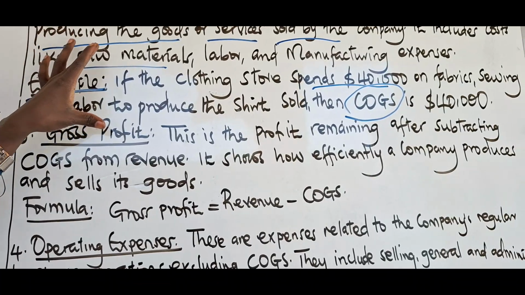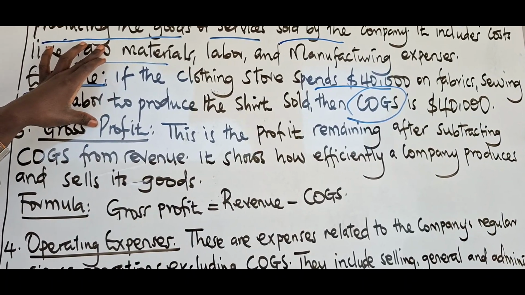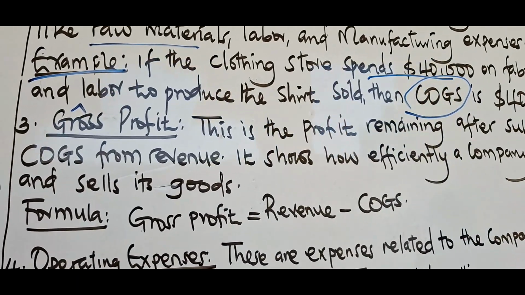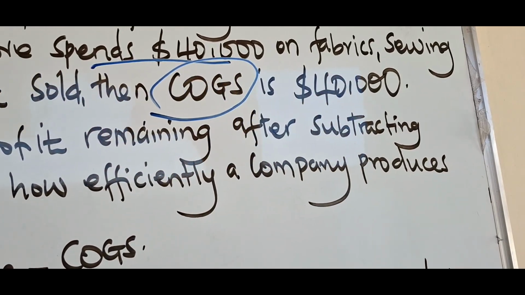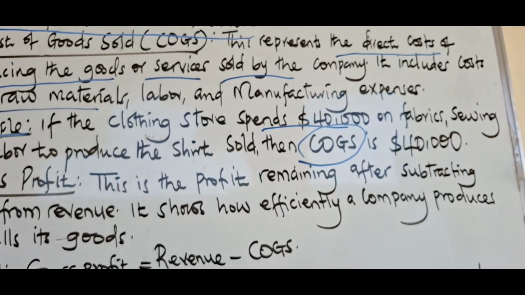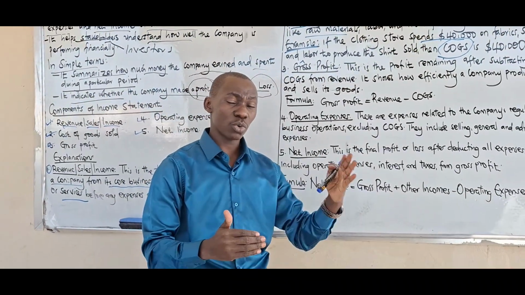Here, cost of goods sold may include things like purchases, and I talked about purchases in the previous videos. It may include things like carriage inwards, the transport cost you incur to buy goods, maybe from the wholesaler, and bring to your retail shop so that you can sell.